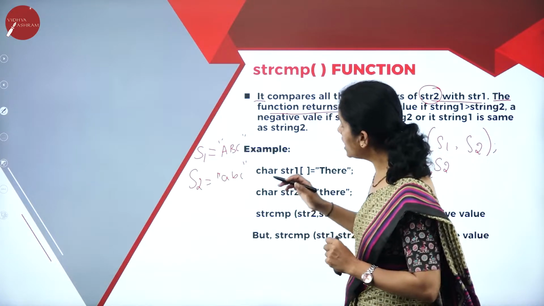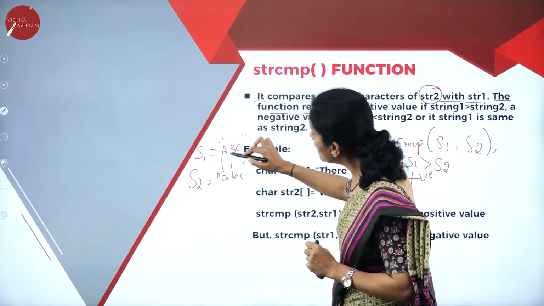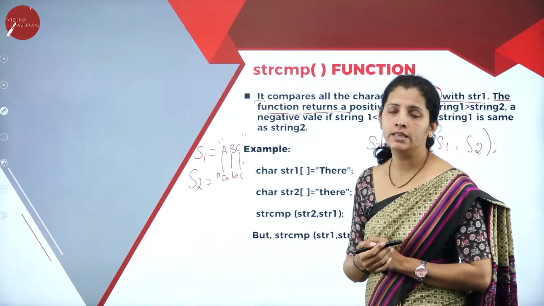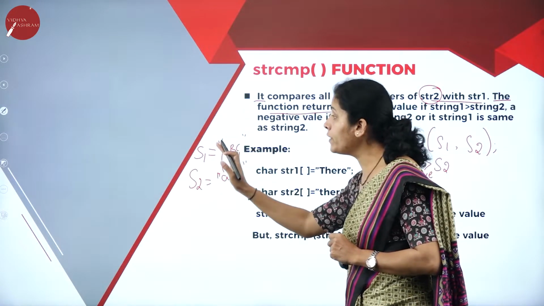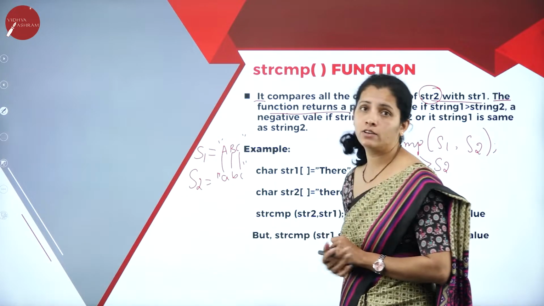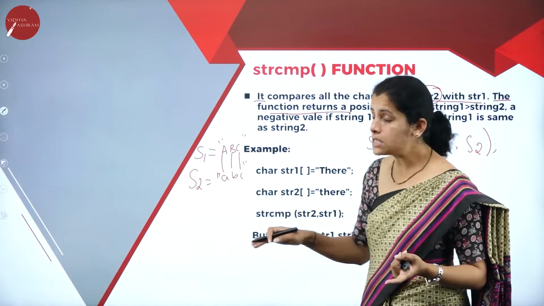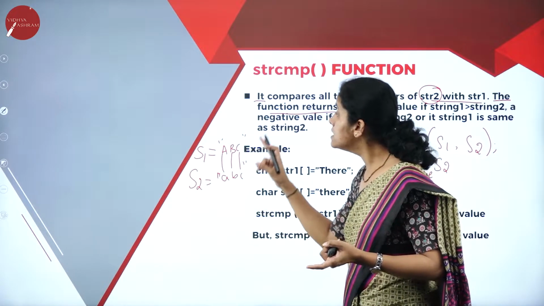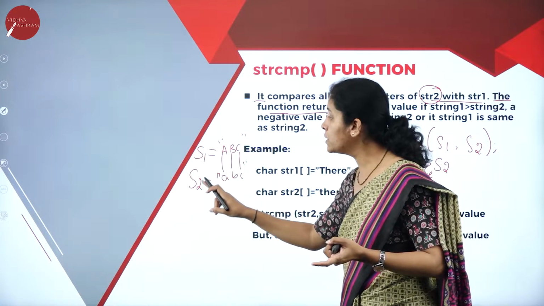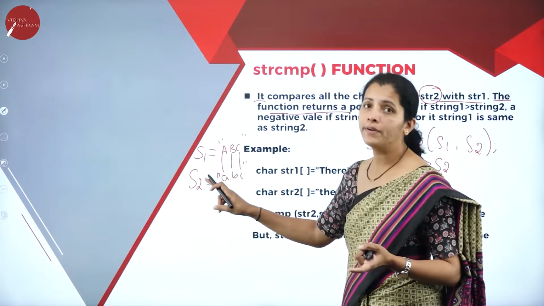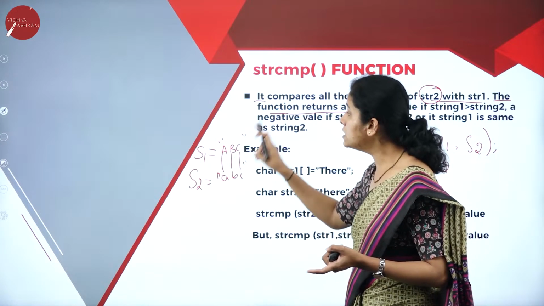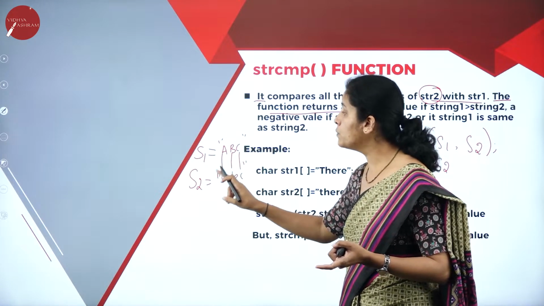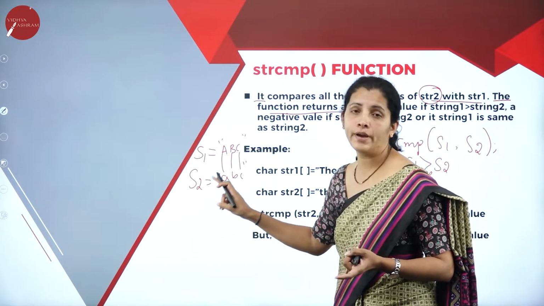Now it's going to compare all the characters individually. It compares the first character of s1 with the first character of s2. Next time it compares the second character of s1 with the second character of s2. Third time it compares the third character of s1 with the third character of s2.